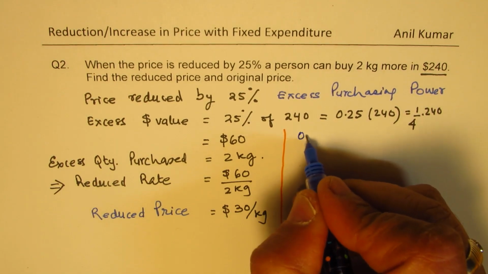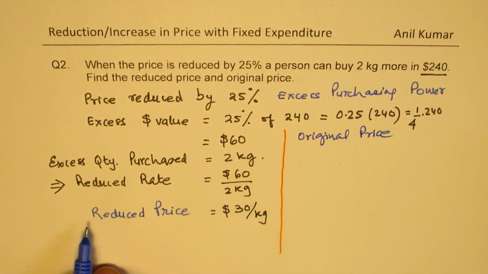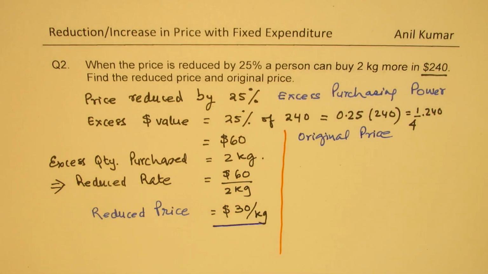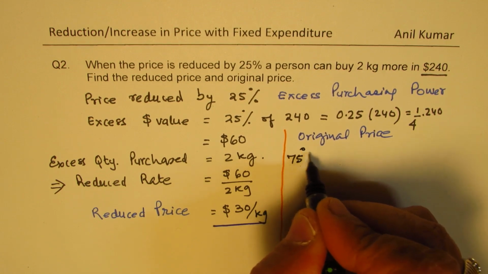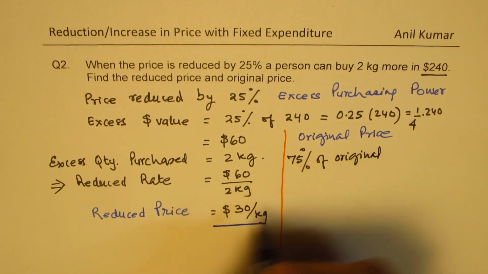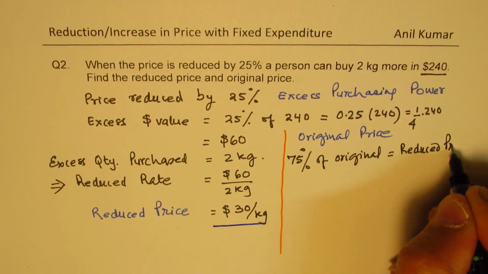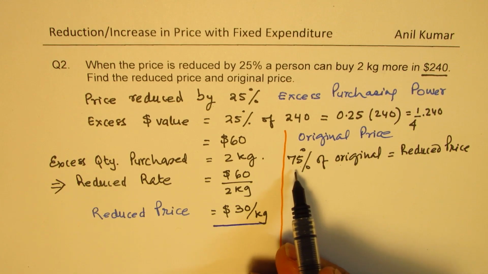So the reduced price is 75% of the original. Clear? Because it is 25% less, the reduced price is 75%. We are not paying 25%.